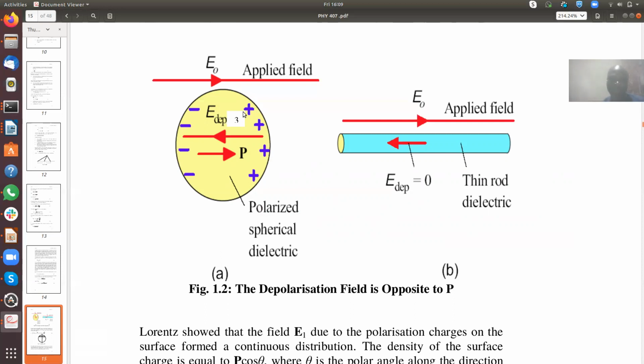So you see that all the positive move in one direction and all the negative move in the other direction. If this happens in the presence of an applied electric field, we have a polarized spherical dielectric. If you now consider them in a rod, so the dielectric is the same in this case also, then you can see that it goes in one single direction.